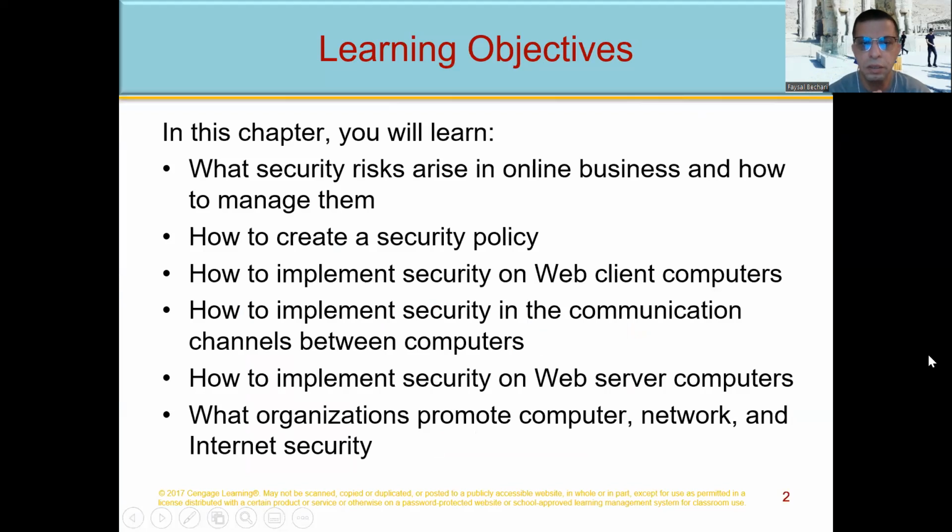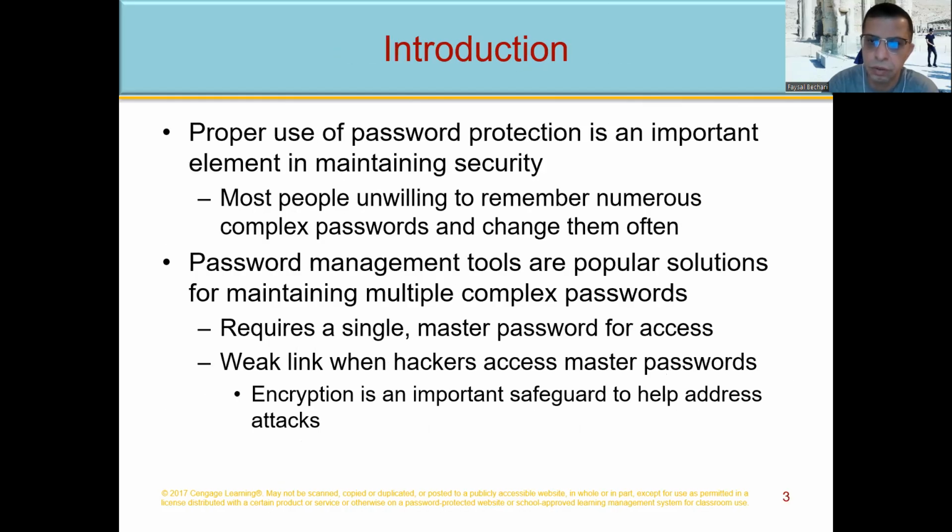The learning objectives in this chapter: we want to know what security risks arise in online business and how to manage them, how to create a security policy, how to implement security on a web client computer, how to implement security in the communication channels between computers, how to implement security on a web server computer, and what organizations promote computer, network, and internet security.